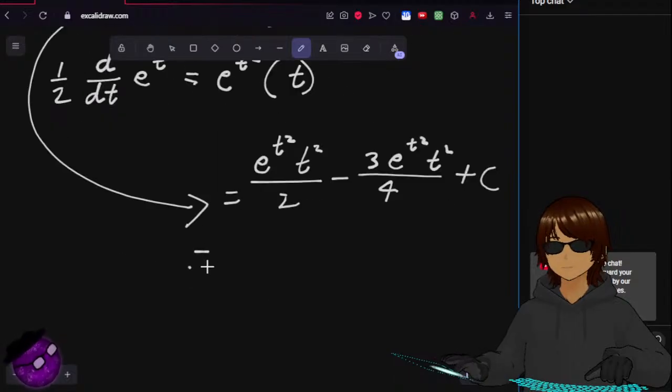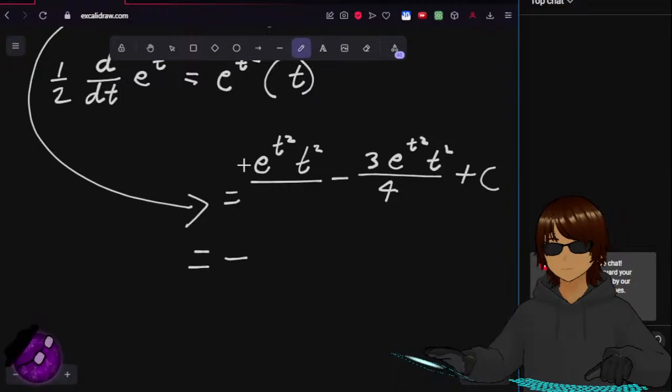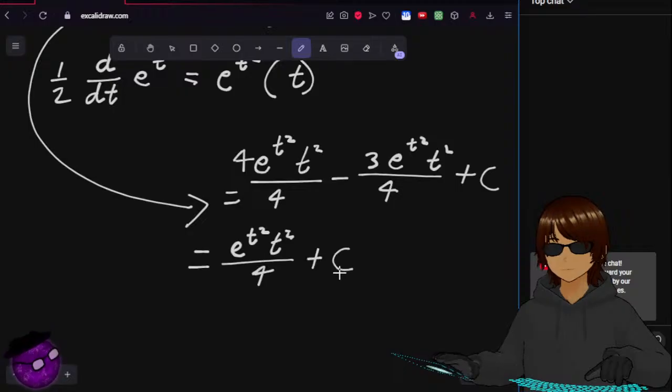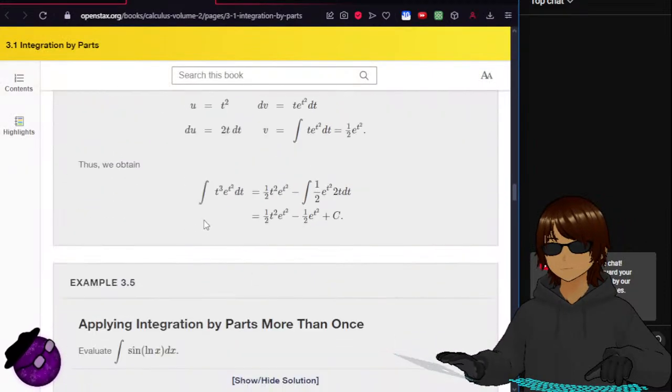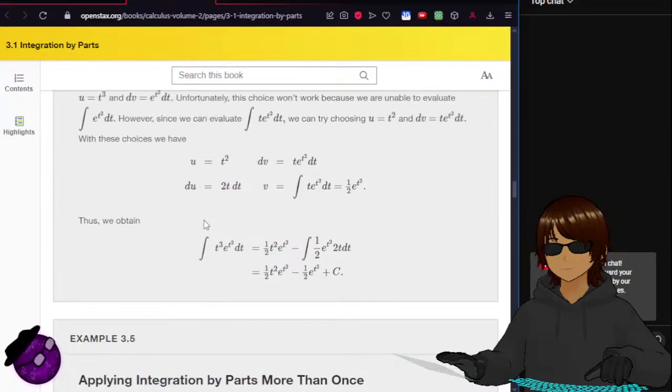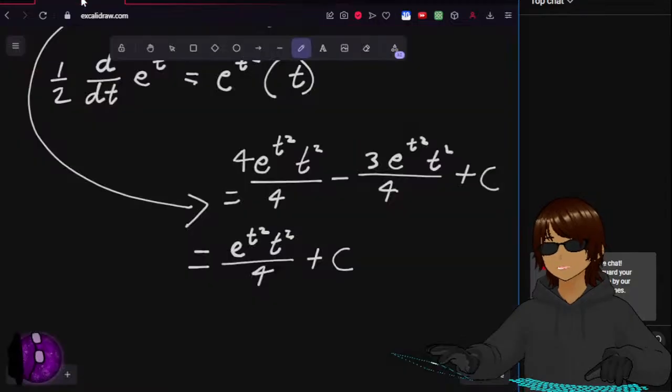So then minus, instead of 2 I can write 4/4, not minus. Okay, where did I make a mistake?